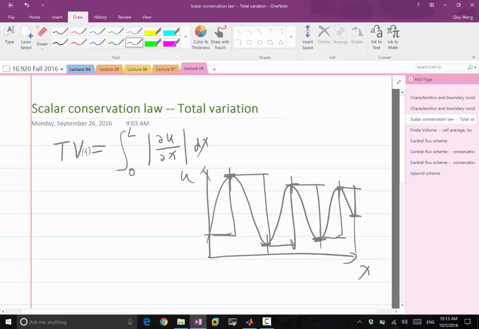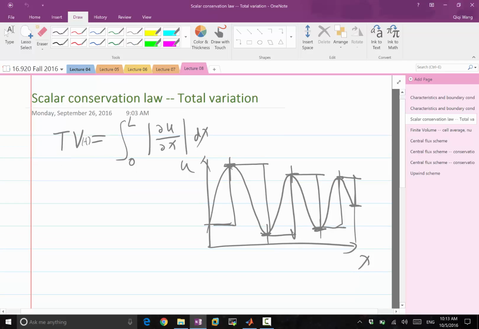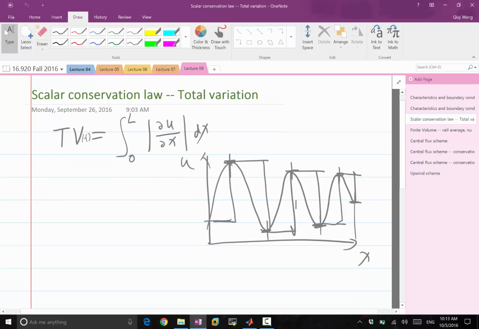And I claim in a scalar conservation law, the total variation is not conserved. It does not increase. It can only decrease. Okay? And to see this, we can look at the same function and think of, for example, Burger's equation, how would this initial condition evolve?